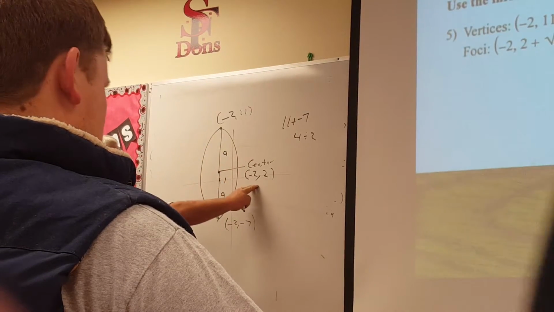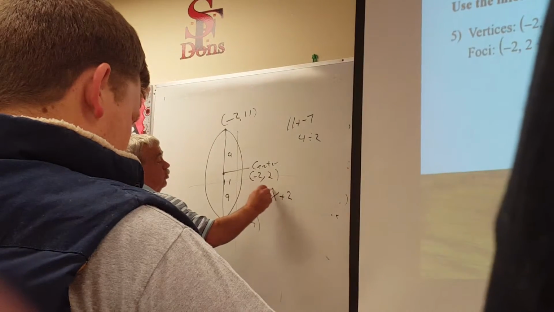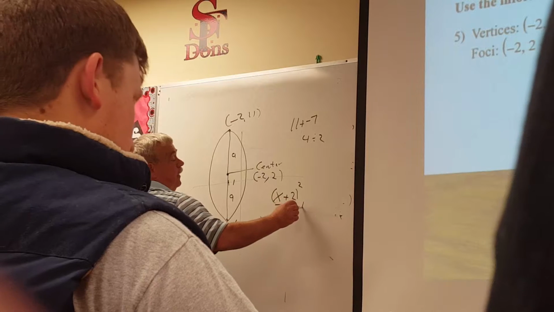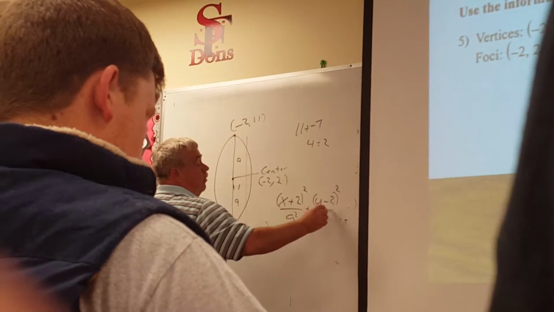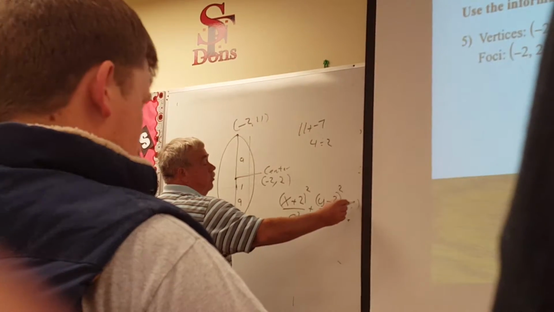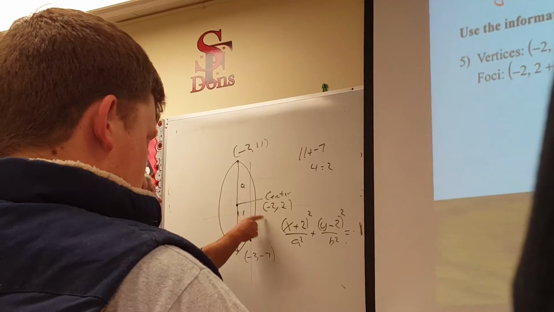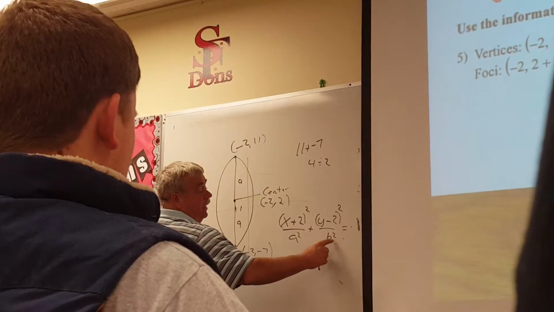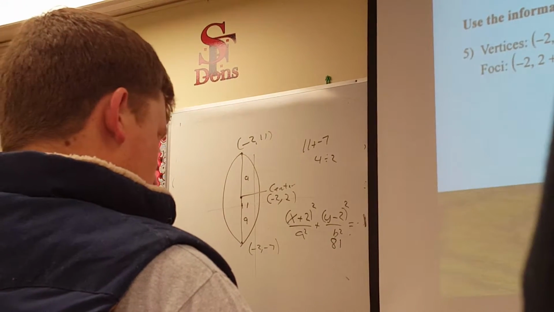Now, if this is the center, this is going to be x plus 2 squared over a squared, then plus y minus 2 squared over b squared equals 1, okay? But I know that I'm going to go up 9 and down 9, so I know that b squared is 81, okay?